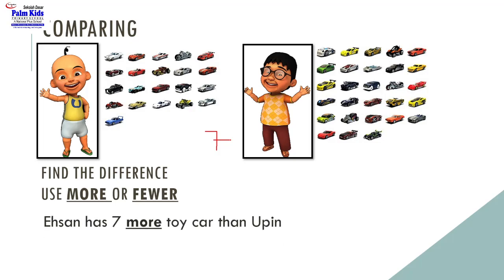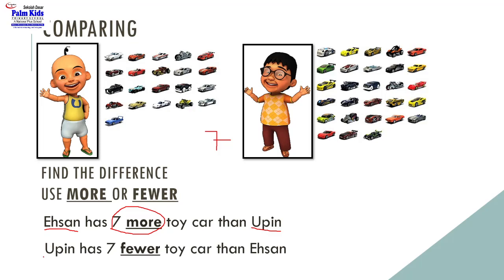If the sentence says Ehsan first, then Ehsan has 7 more than Upin's cars. But if you use Upin first, then you know that Upin has fewer. So you write 7 fewer than Ehsan. Okay, remember use more or fewer. Use what, class? More or fewer.